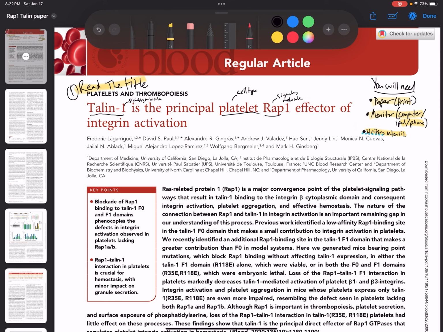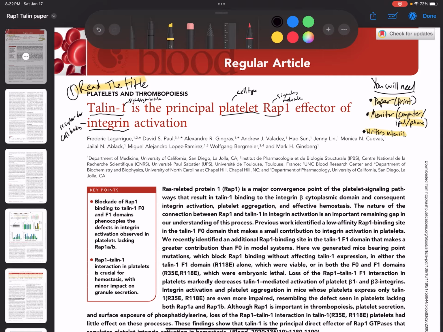And then you'll also go, what the heck is integrin? That is a receptor that helps cells bind. And I'm not going to go through the entire paper here, but this is what you should be going through for just the title. You need to pick out, okay, these are the main players.